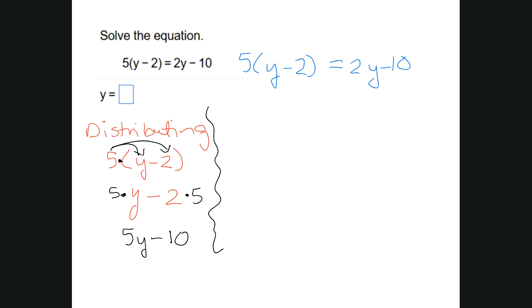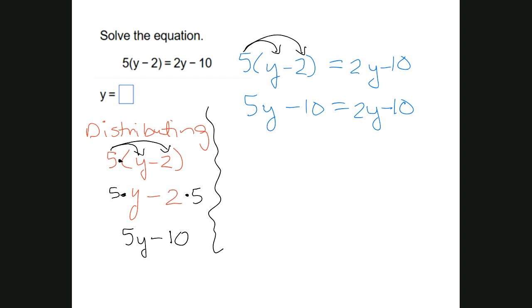So going back up to my original equation, 5 times y is 5y. 5 times that negative 2 gives me negative 10. The right-hand side, there is nothing that we need to do. It's already in PEMDAS order.